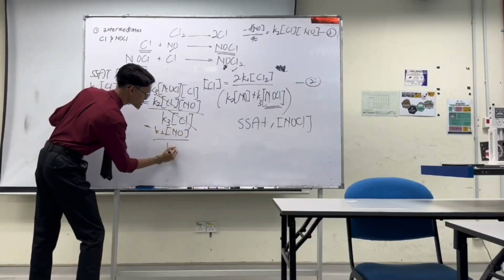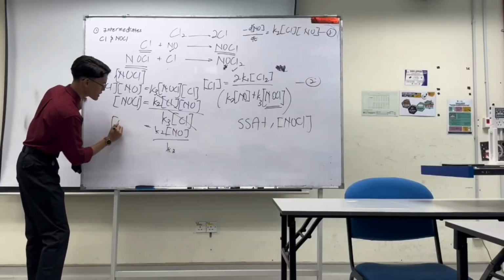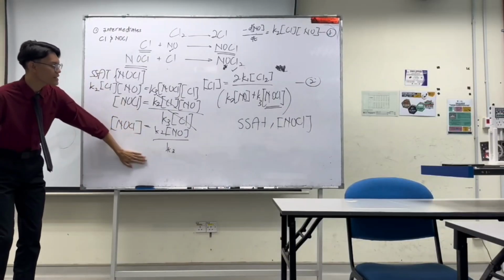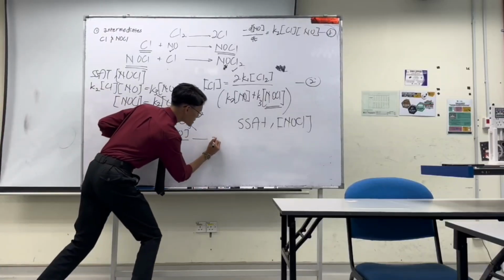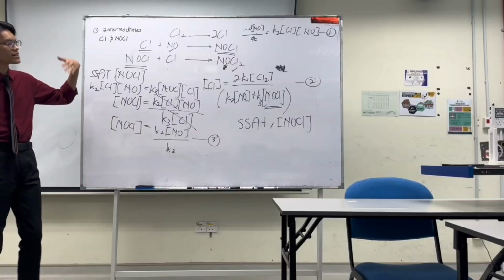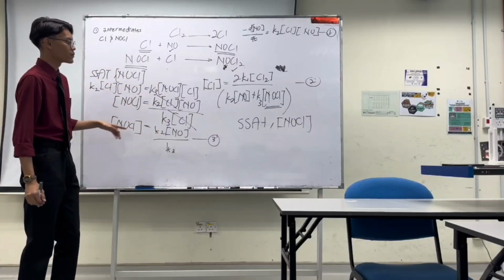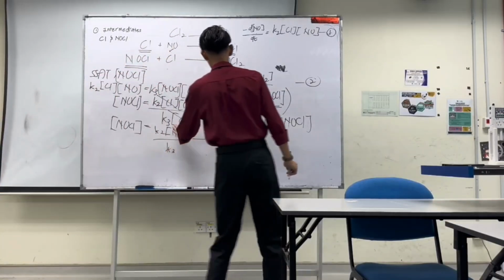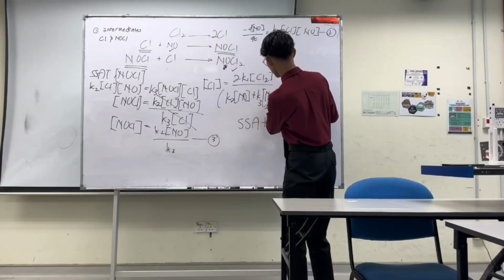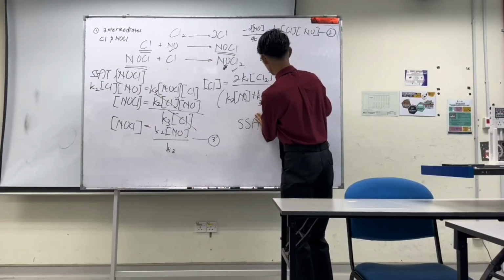So now we already get our NOCL. For this one, I call it equation 3. We need to substitute this one into the second equation first, so we bring all of this into here. Okay, so this is our NOCL.